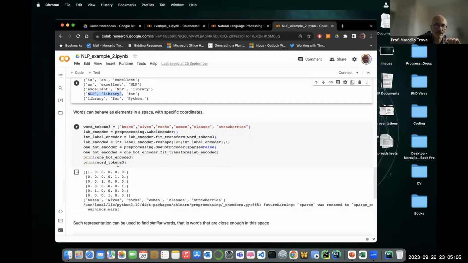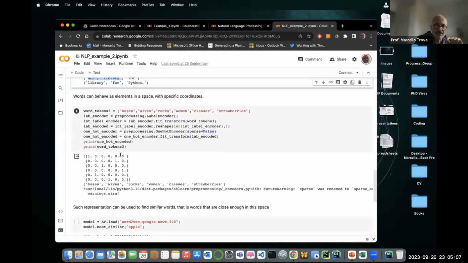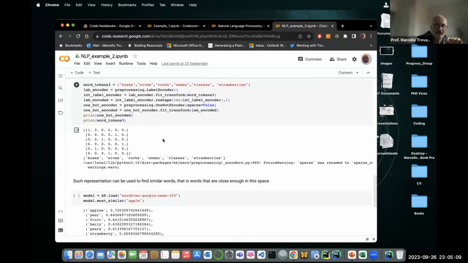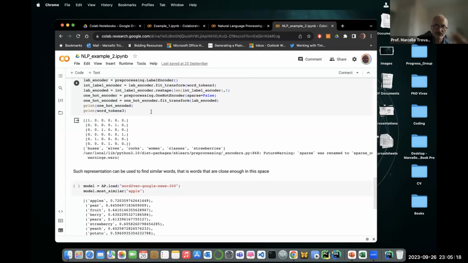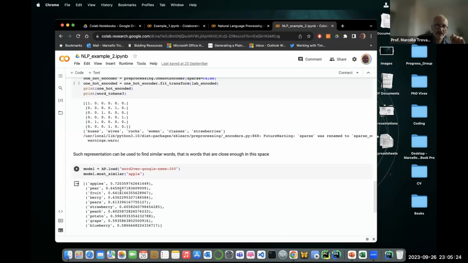And so that is another way to integrate textual information. I won't go into all the details here, but what we are doing in the next few coding lines is using some mathematics to understand similarity. That is a good example.